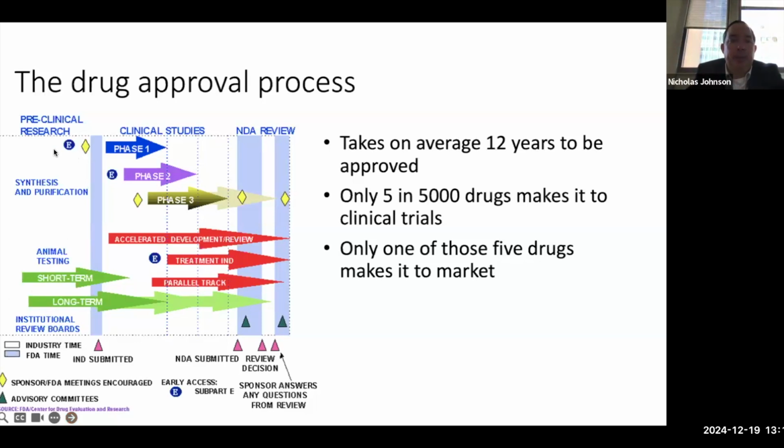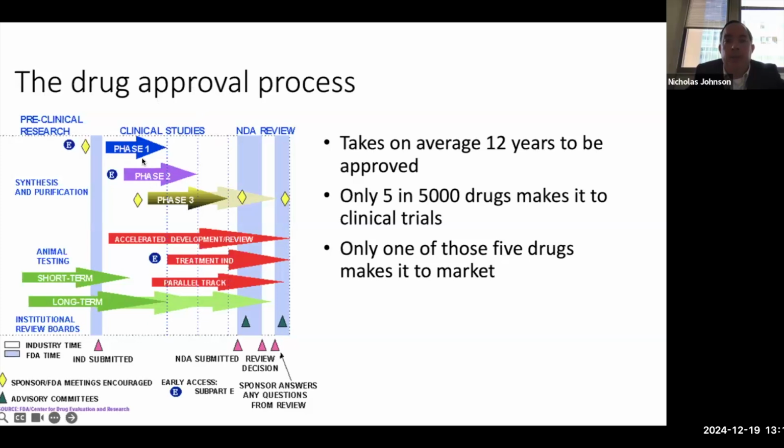Here's what has to happen. Well, first somebody has to come up with a drug, and then they do this kind of preclinical research where they test the safety in animals, and then they work under what's called an investigational new drug application, or IND. And after that point, the drug moves through these clinical trial phases. We're fortunate because FSHD is a rare disease, so oftentimes phase 1 and 2 are combined.